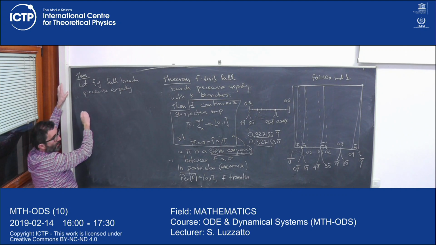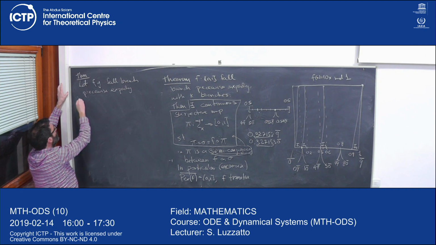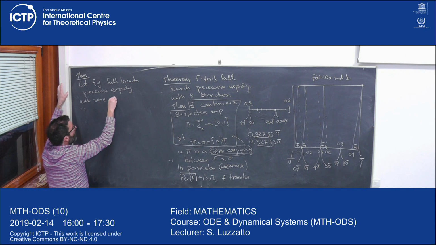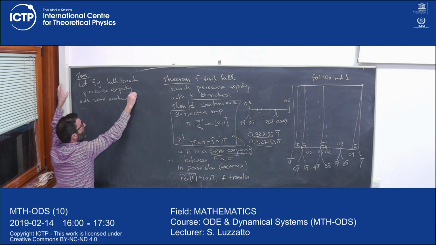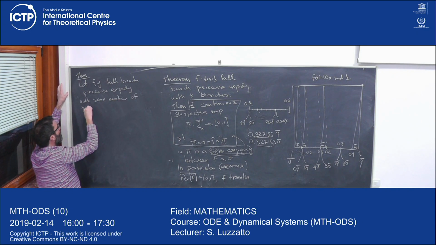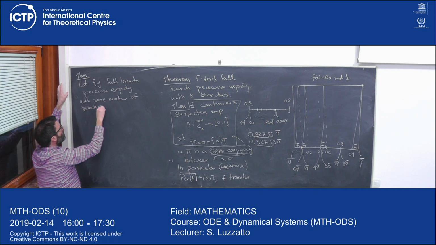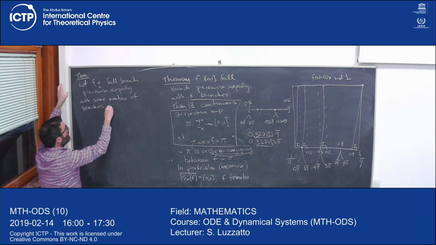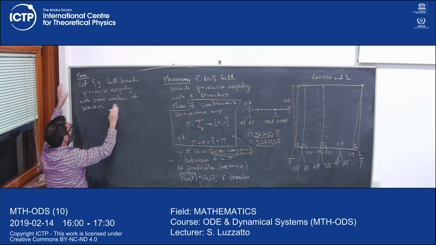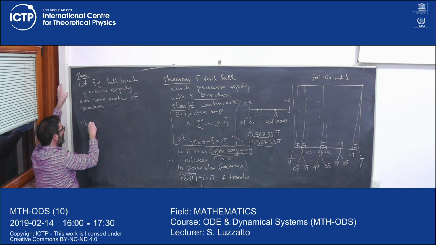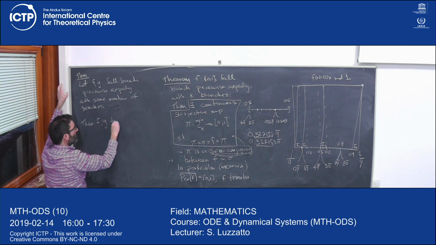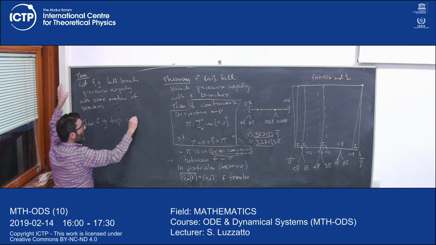And then I might need to add another assumption here, with the same number of branches, then F is topologically conjugate to G.